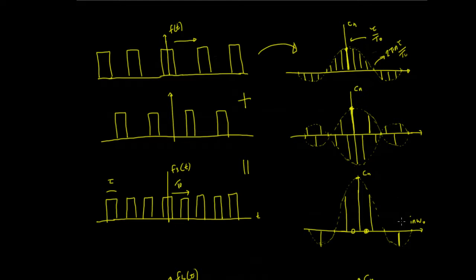So when we double the period, we double the number of components, but we halve the height, and you can see that's obvious because the height there is given by tau upon T naught. Tau is fixed, and it's the pulse width, but T naught in this instance is doubled. Okay, so if T naught is doubled, then that height has halved.